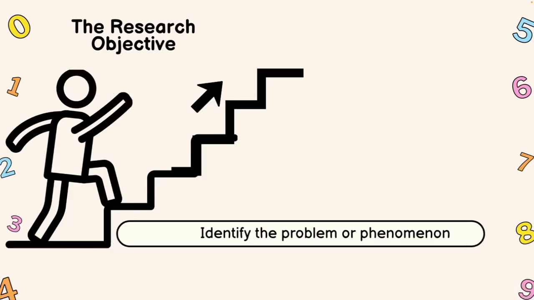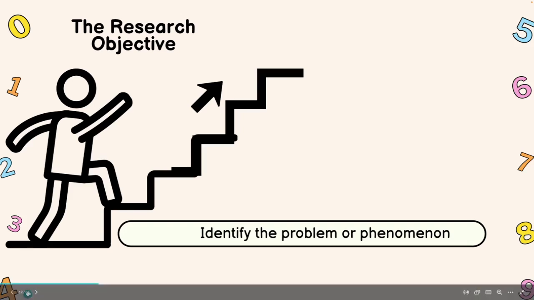Just to orient you, we are going to embark on this journey of research, of scientific inquiry. And so you must be familiar with the steps involved before you can embark on any type of research. You first have to be sure of what the problem is.